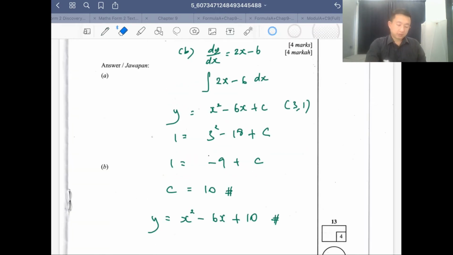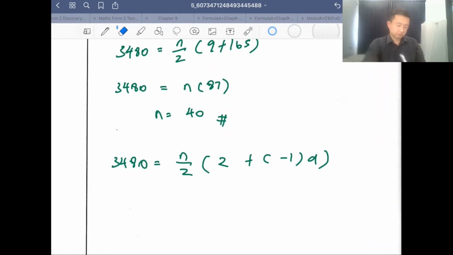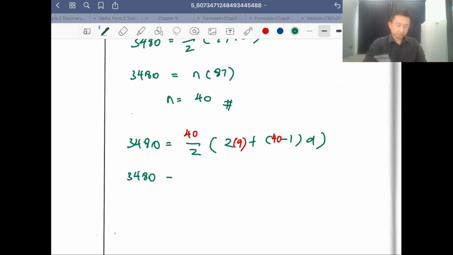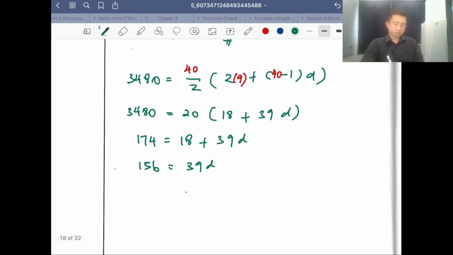I use this one so that I can find the d. Oh, sorry. a, 9, 40, 40. d equals to 4.